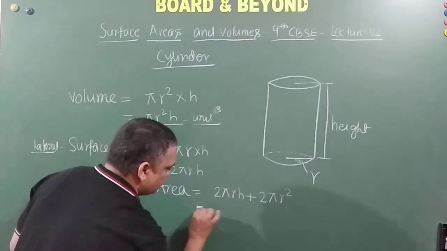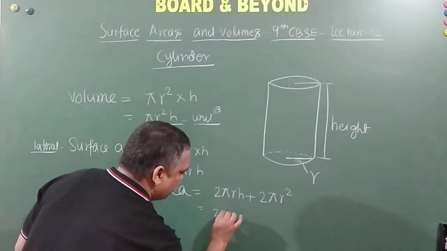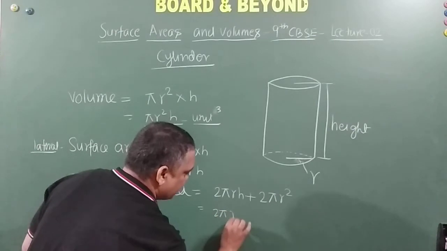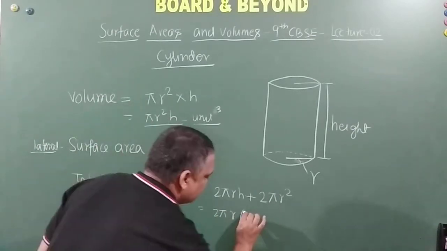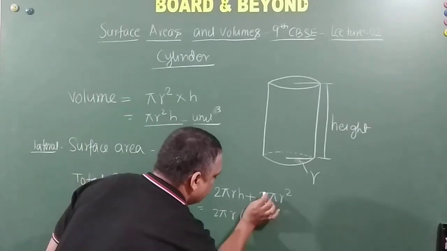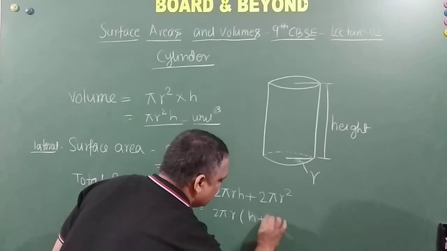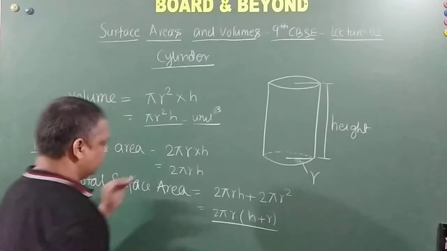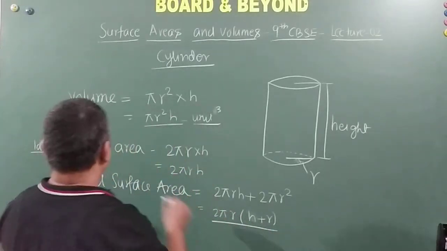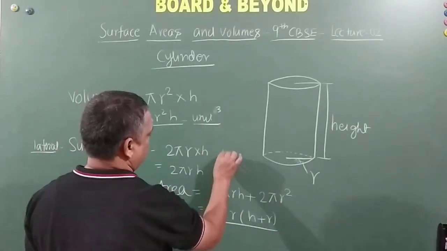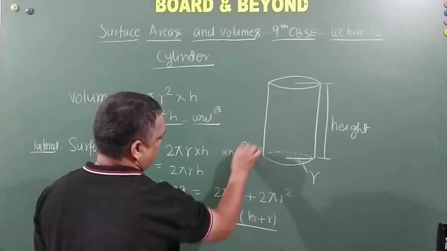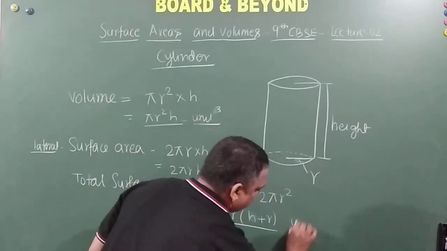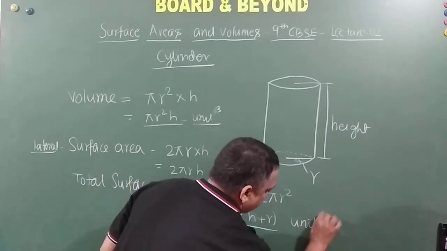Okay, so now we can take 2 and pi common here, and we can take r also common here, right? This leaves me with h plus r. Since this is surface area, this will be unit square, and this also will be unit square.